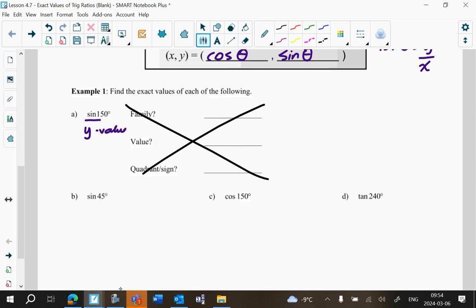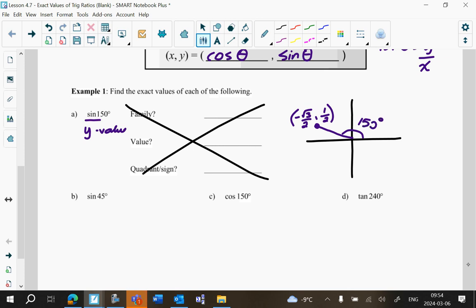So what's 150 degrees again? Well, 150 degrees is in the 30-degree family, so it's here. What's the point? Negative root 3 over 2, comma 1/2.